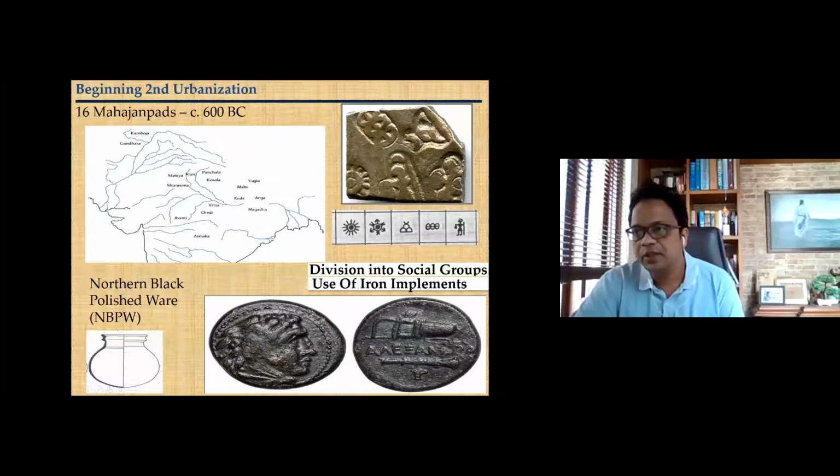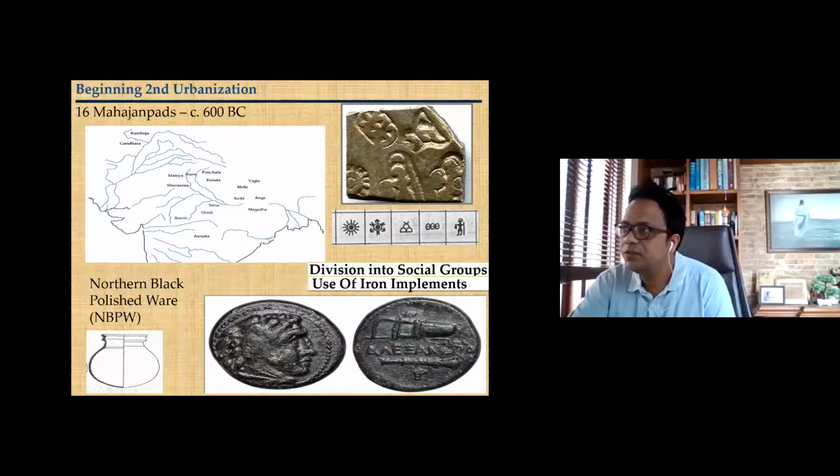That was a time when they were building pottery, and they started issuing coins which had various symbols, right? If you see the coin on the right, there is a man. There are symbols listed just below the coin. There is a man standing with a stick. Then the third symbol from the right is mountains, called three-arched mountains.